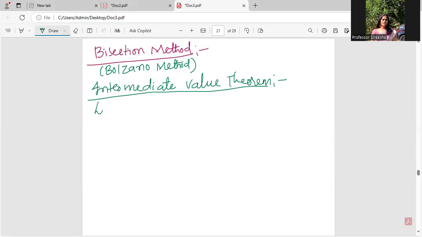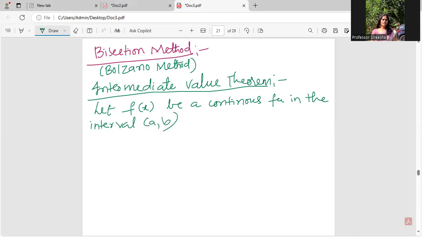Let f of x be a continuous function in the closed interval a comma b.